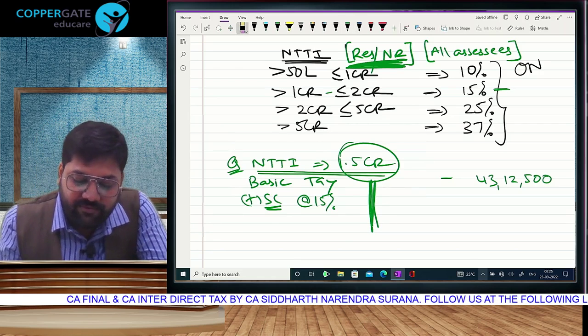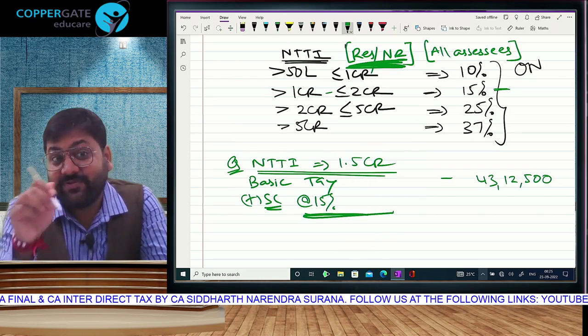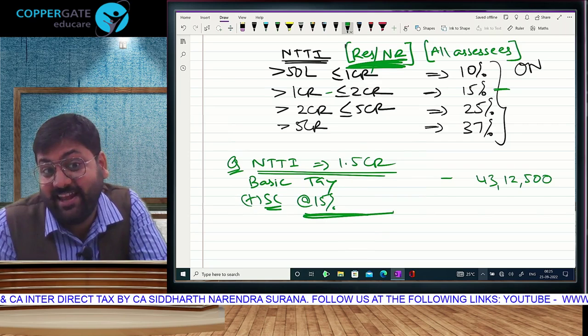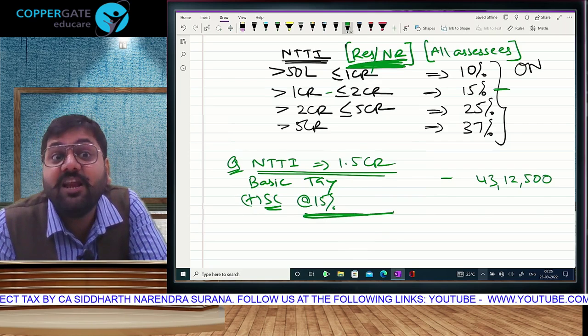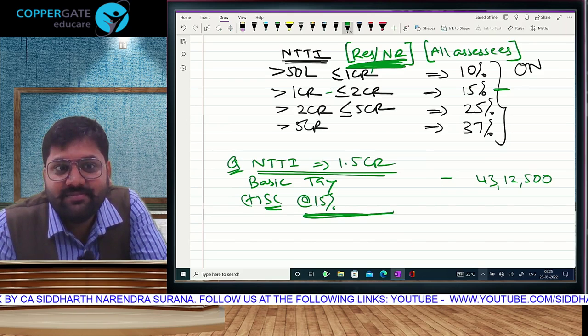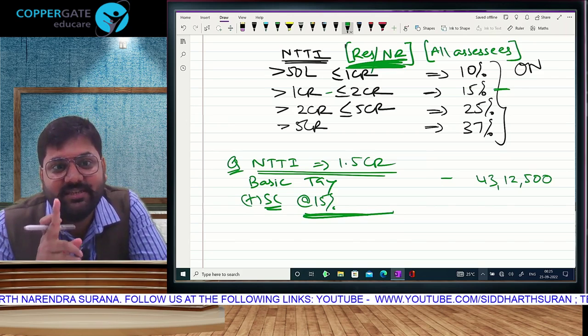One question I have. Sir, we are applying 15%. But if the assessee was non-resident, then still 15%. For rebate, residence is required, not for surcharge. समझा क्या?